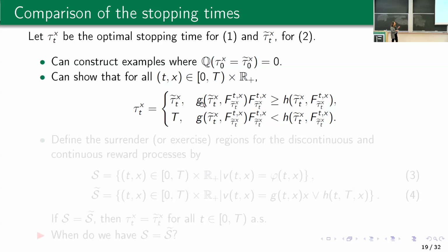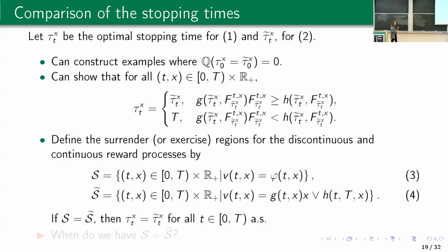So when at this particular time the surrender benefit is greater than the value of the maturity benefit. When this is not the case, then in our original problem the optimal stopping time is T. So this is how we were able to reconcile the two stopping times.